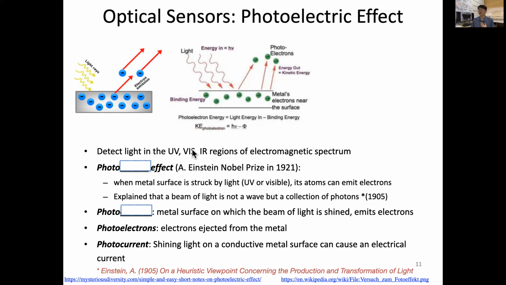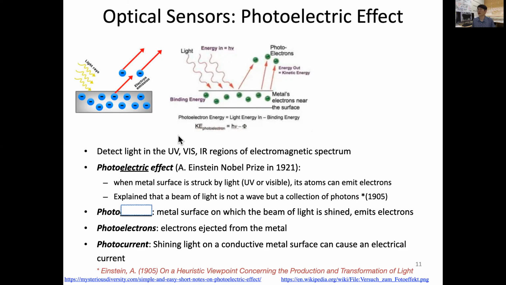So why are we talking about this in optical sensors? Because we use this a lot for detecting light in the UV, visible, or infrared regions of the electromagnetic spectrum. When the metal surface is struck by light, its atoms can emit electrons, and those are called photoelectrons.